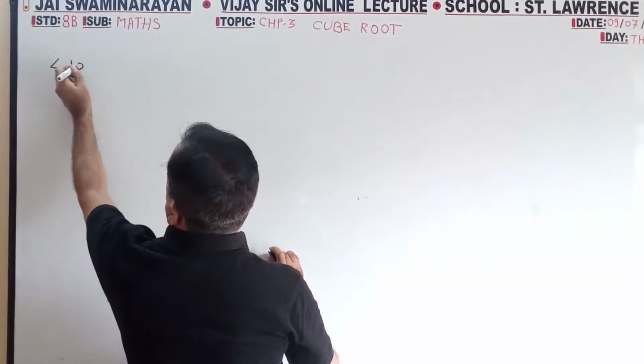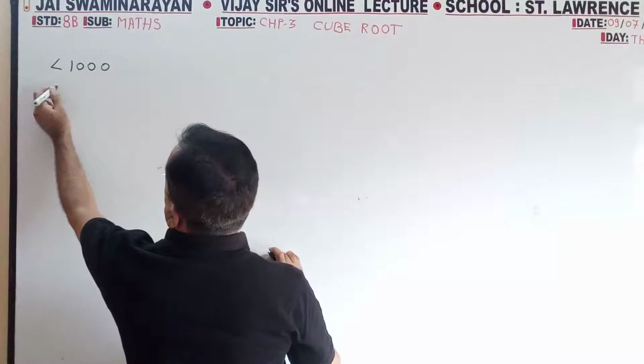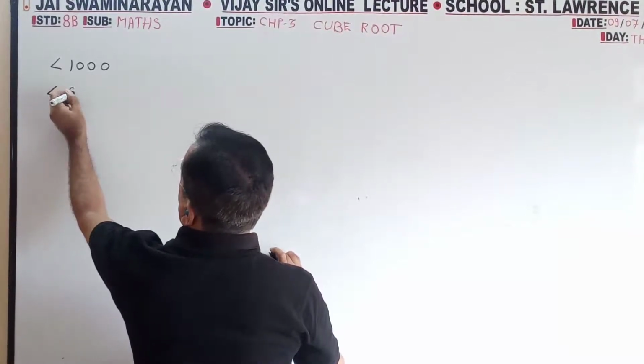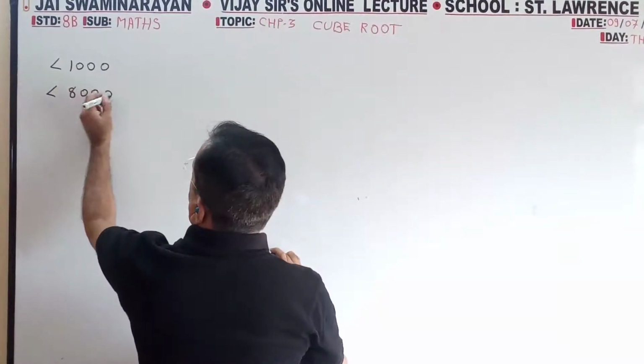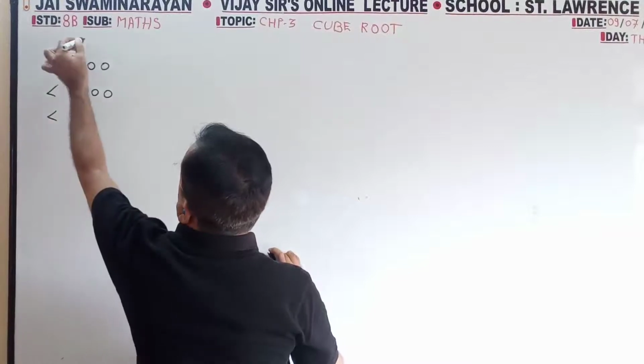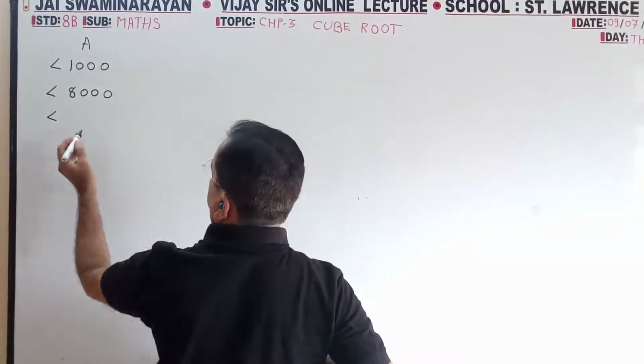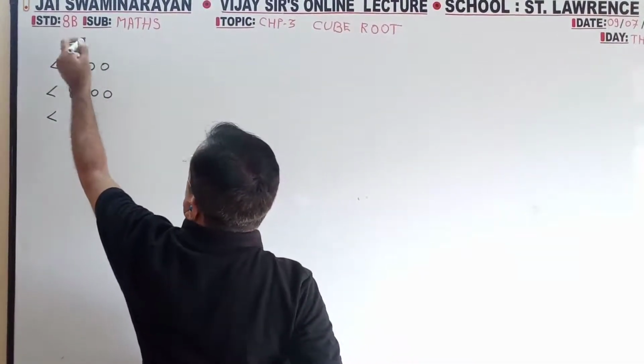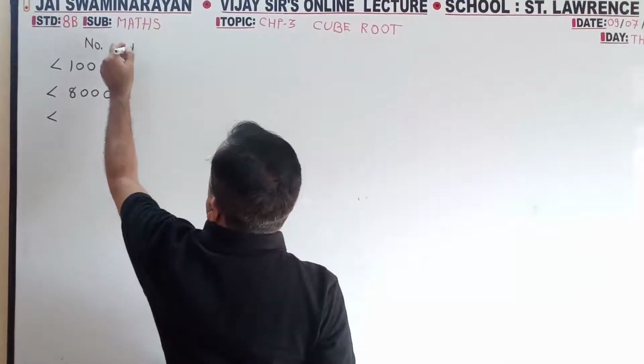Less than 1000. Less than 8000. This is A group.